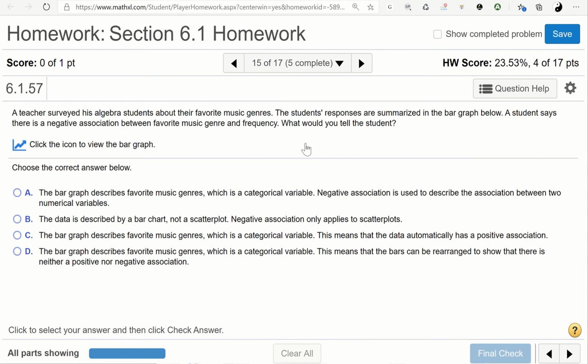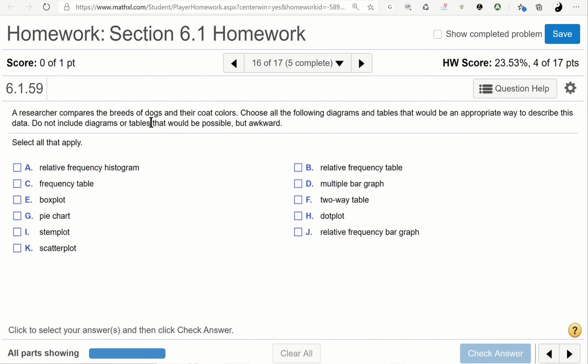And a negative association can only exist between two numerical variables, right? So when a categorical variable is involved, don't ever make that kind of a statement, because remember, these associations are only between numerical variables.